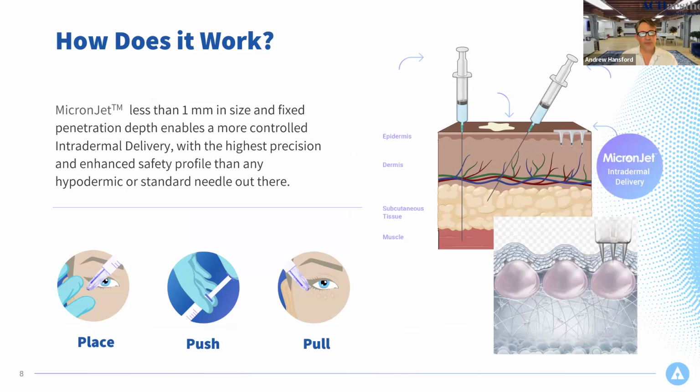How it works is being less than 1 millimeter in size and having that fixed penetration depth, which I've already touched on, is the most important thing. So we have that precision. And as you can see by that bottom left image, we are implanting, placing, and allowing that product to slowly migrate into the lower tissue.